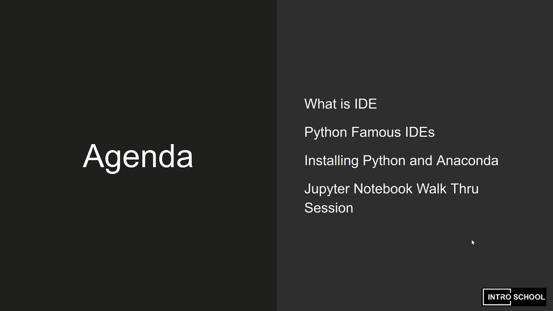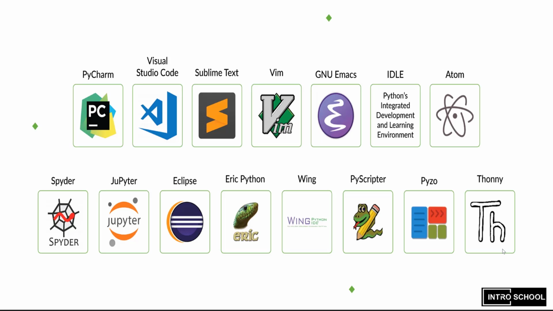So the first question is, what is an IDE? IDE stands for Integrated Development Environment, which is software for building applications that combines common developer tools into a single graphical user interface. In simpler language, it's a user-friendly application for coding.